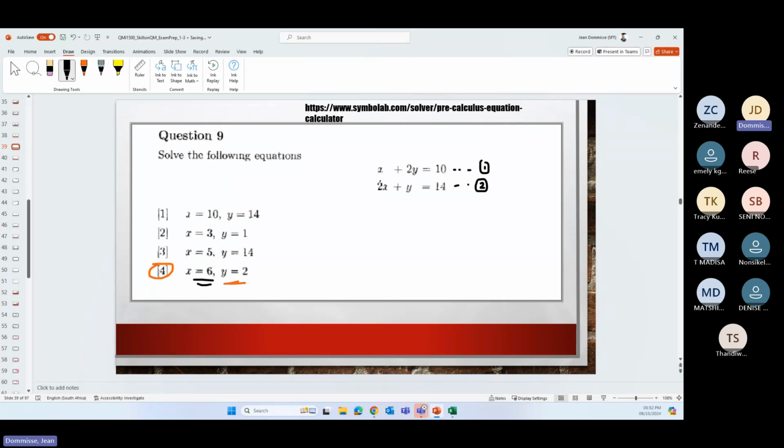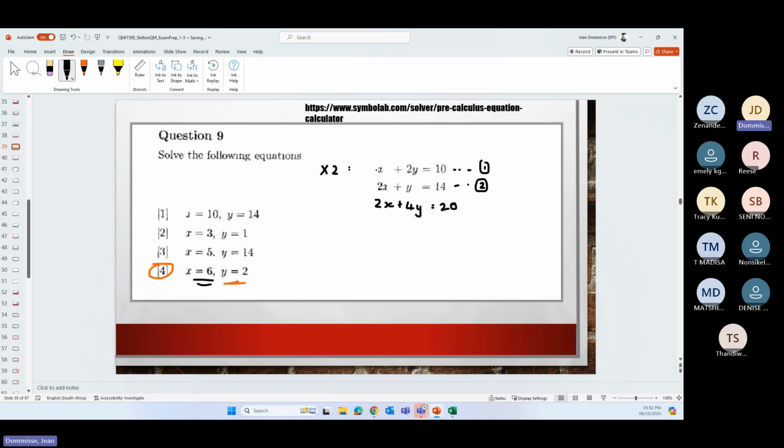So I could have said, okay, there's an x, there's a 2x. So let's multiply the first one by 2. So then I get 2x plus 4y is equal to 20.